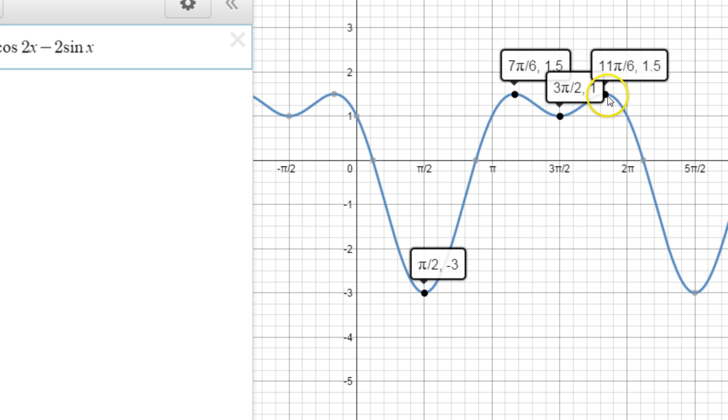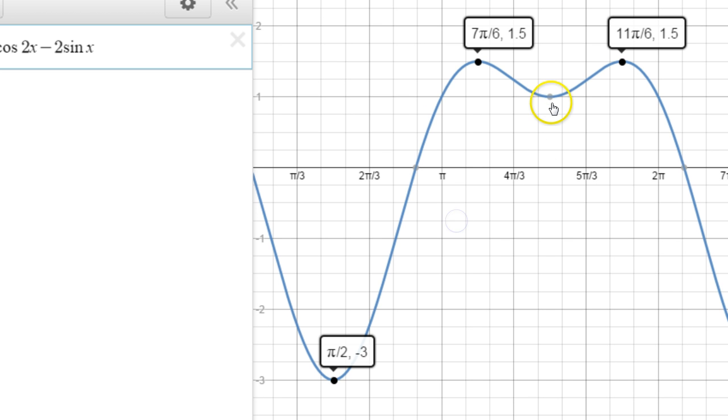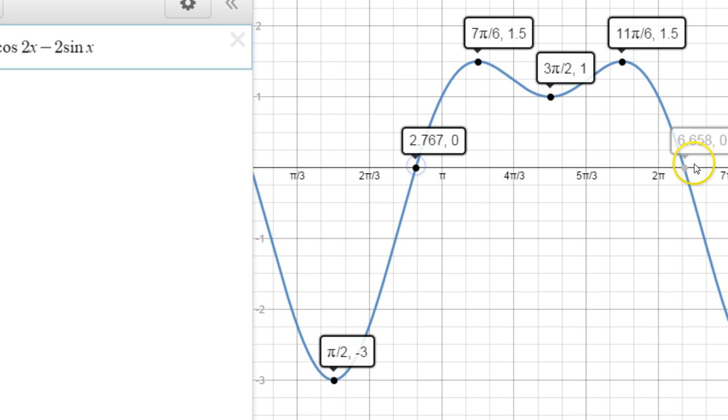As you can see, these are absolute maxes on that interval. This is an absolute minimum on that interval. So that's some really cool stuff right here. And later on we'll learn about these type of points and these type of points.